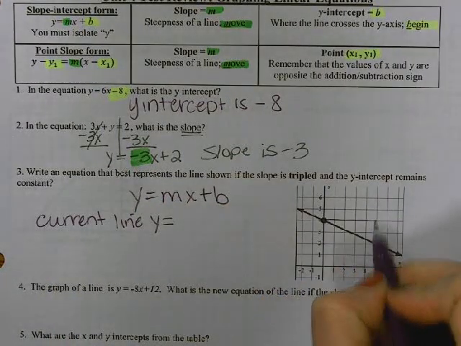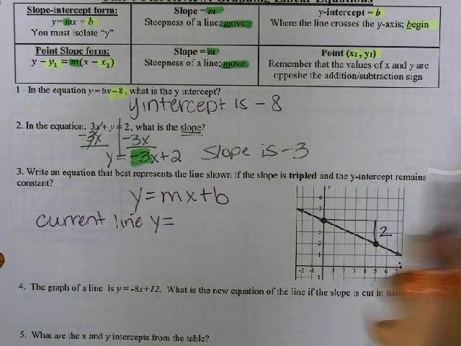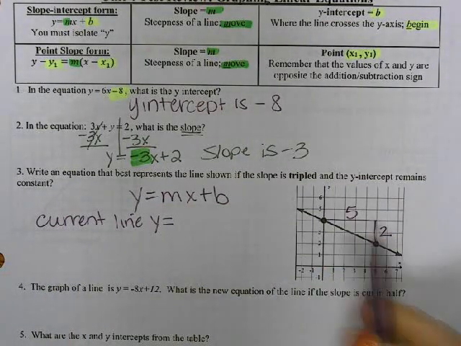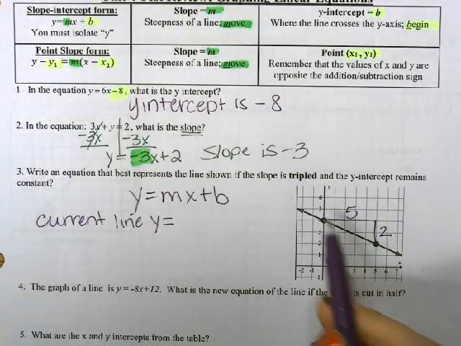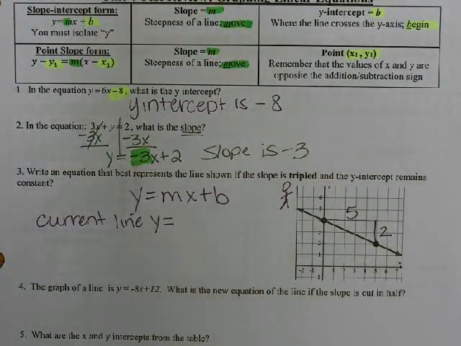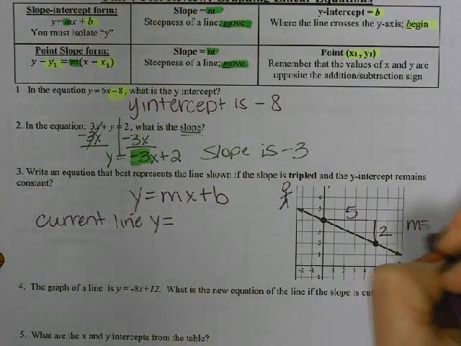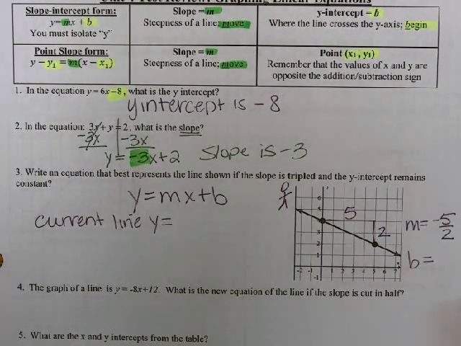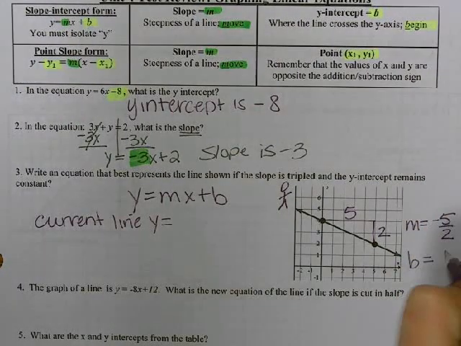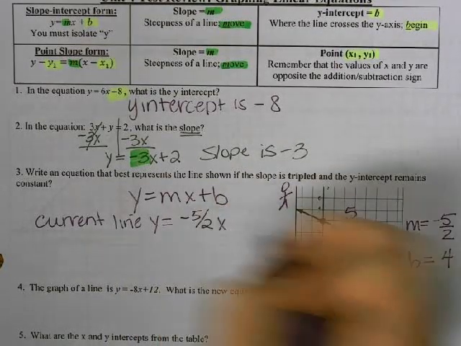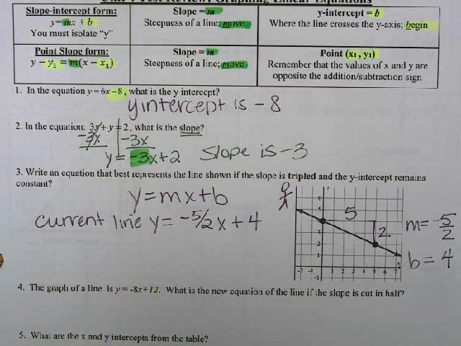If I draw my triangle, it's 2 high and it's 5 wide, right? 5 and 2, okay? And if I had slope dude, I'd say he's going down the hill, so it's negative 5 over 2. And the y-intercept is where it touches the y-axis at 4. So our equation is y equals negative 5 over 2x plus 4.